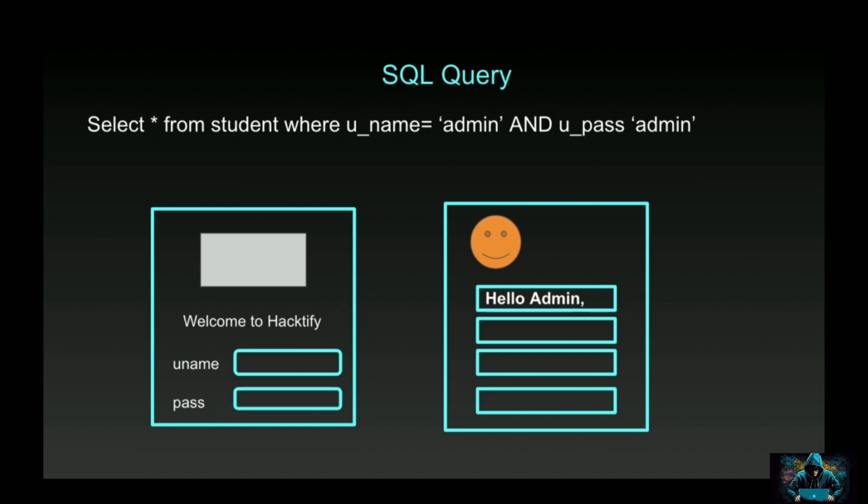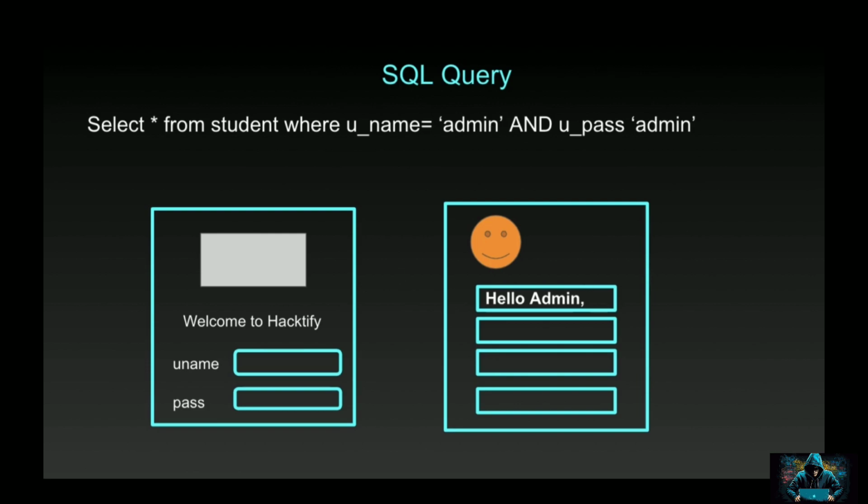If both the details match in the database, as we have used the AND logical operator over here, which means only if both the conditions are true will the AND operator allow access to the application; else it will not allow the user to go into the application.